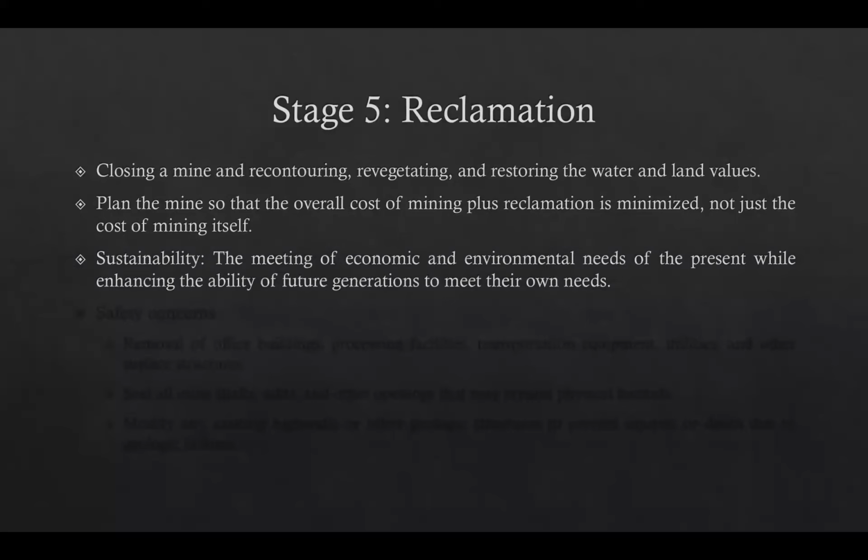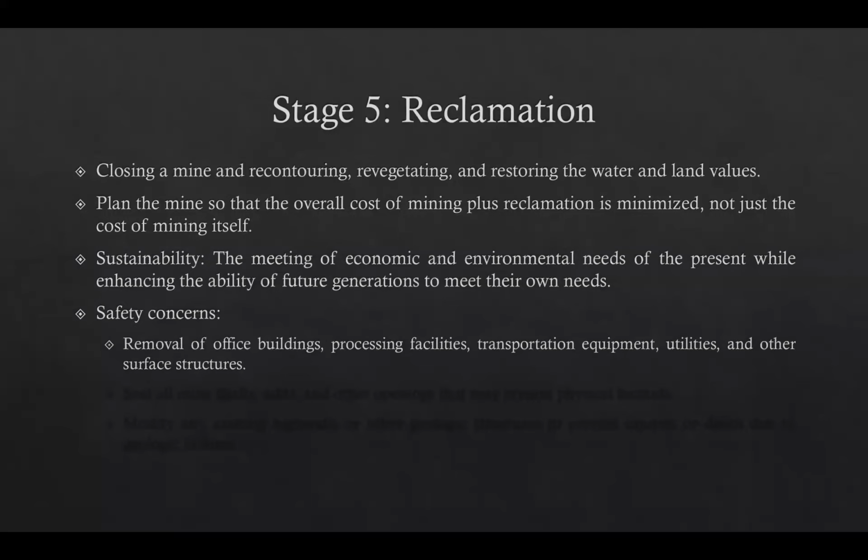Reclamation stage needs special planning as it should address three main concerns. The first category is about the safety concerns, especially if the area is open to the general public afterwards. It includes the removal of office buildings, processing facilities, transportation equipment, utilities, and other surface structures.